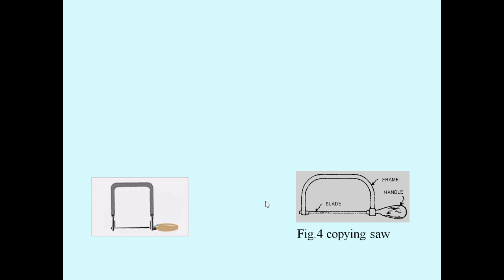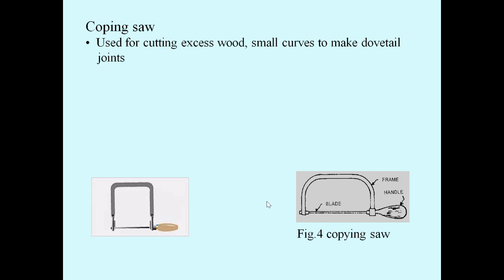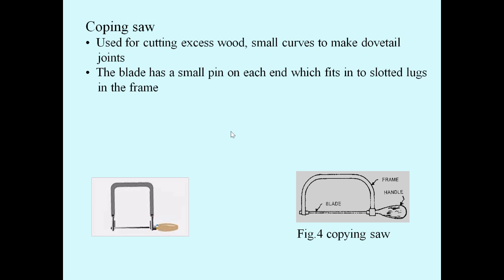Next one is the coping saw. This is the coping saw, and it is used for cutting excess wood and small curves to make dovetail joints. If you want to produce dovetail joints on the wooden workpiece, we have to remove the excess wood from the workpiece, and we can also cut small curves with the help of the coping saw.